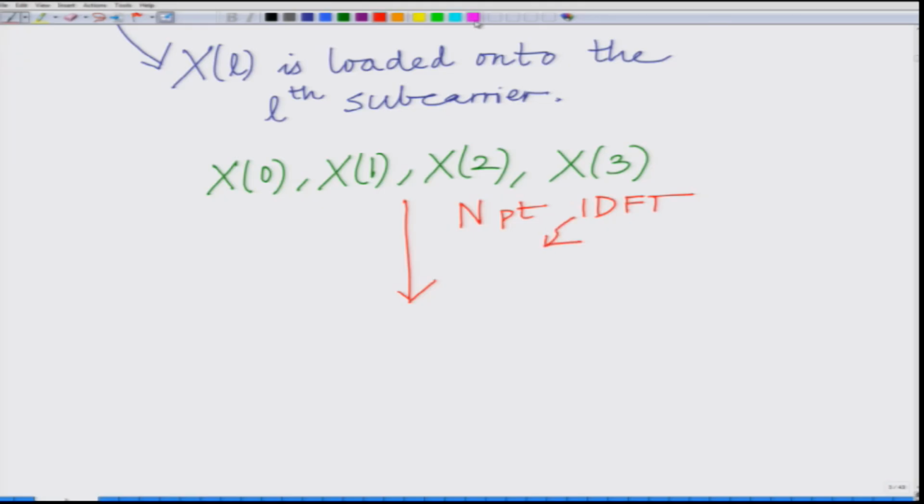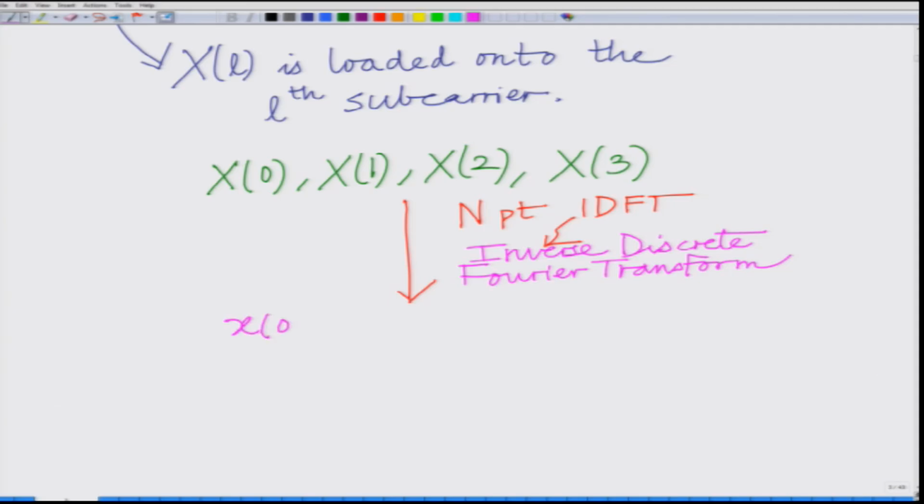IDFT stands for, as you should be familiar with, the inverse discrete Fourier transform.